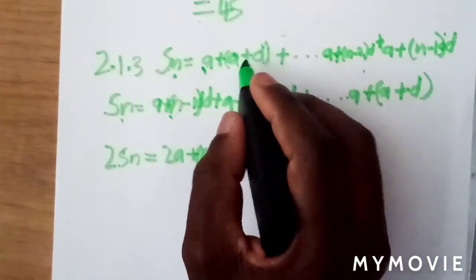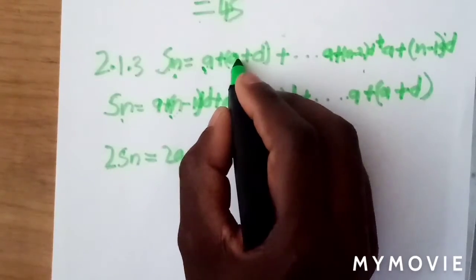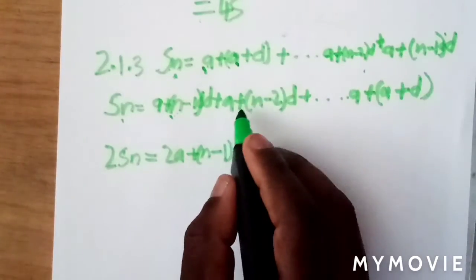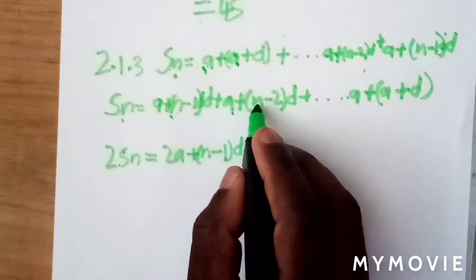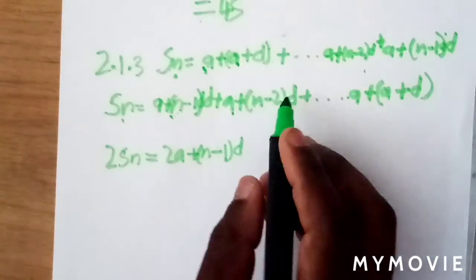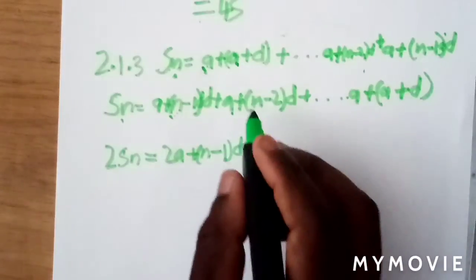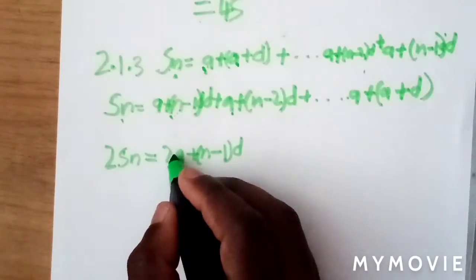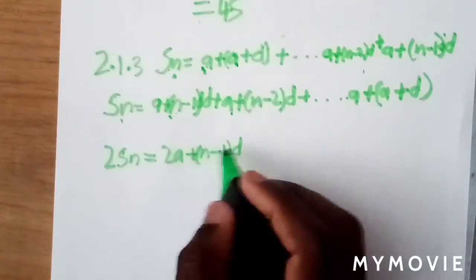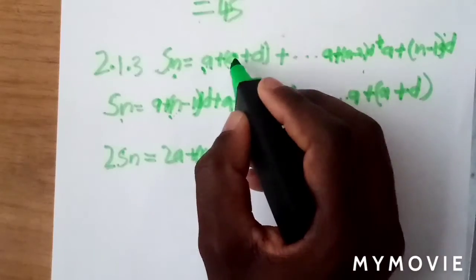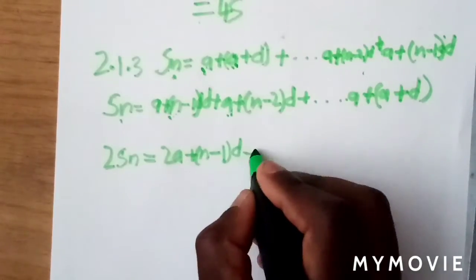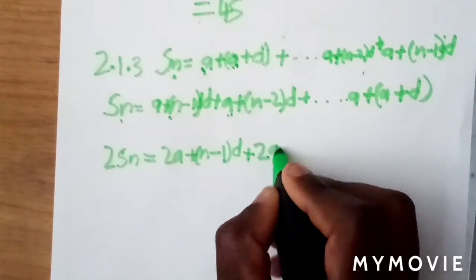Okay, the next step, you add a plus d with a plus n minus 2 into d. It also gives you 2a plus n minus 1 into d, because a plus a is equal to 2a.